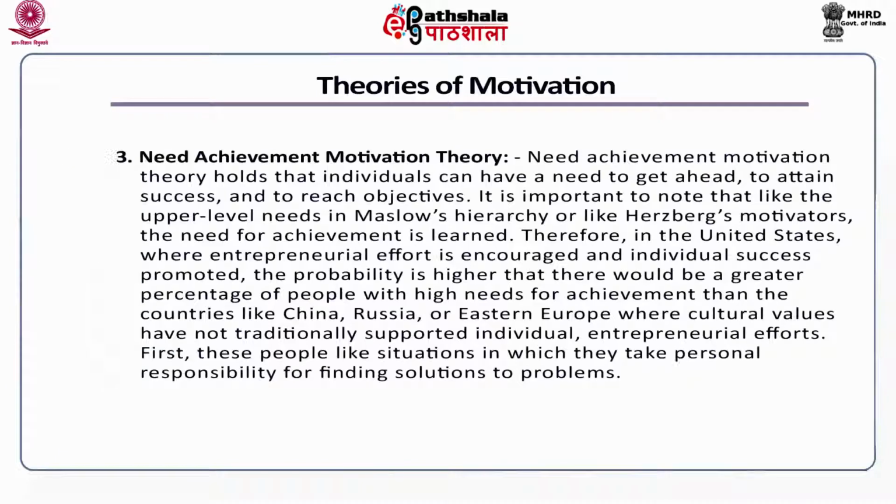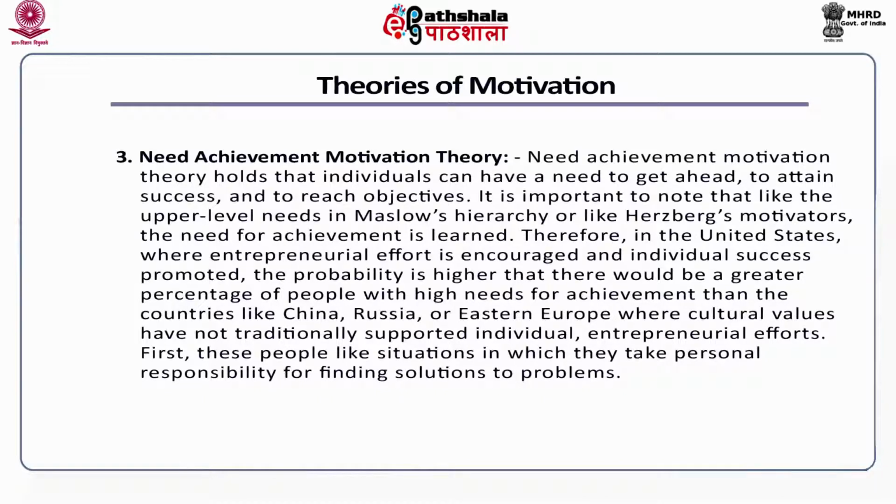Next theory of motivation is the need achievement motivation theory. Need achievement motivation theory holds that individuals can have a need to get ahead, to attain success and to reach objectives. It is important to note that like the upper level needs in Maslow's hierarchy or like Herzberg's motivators, the need for achievement is learned.